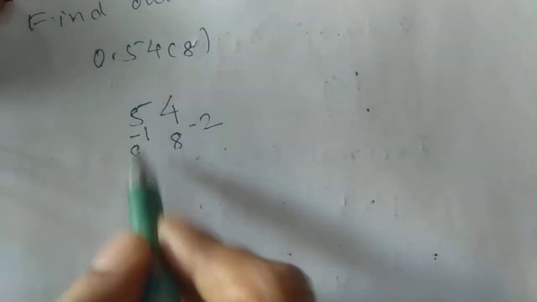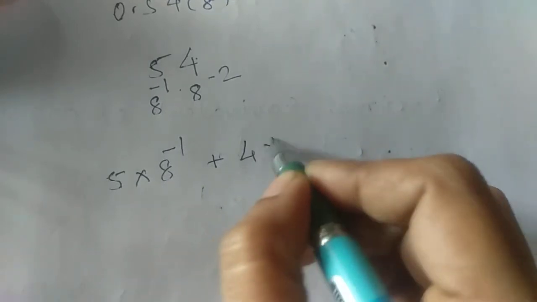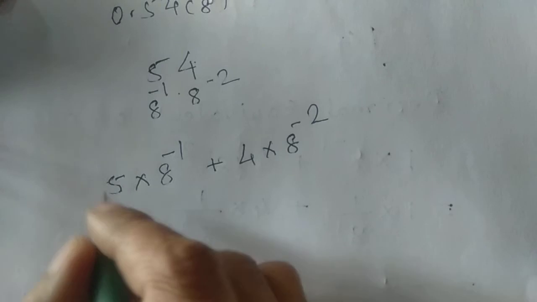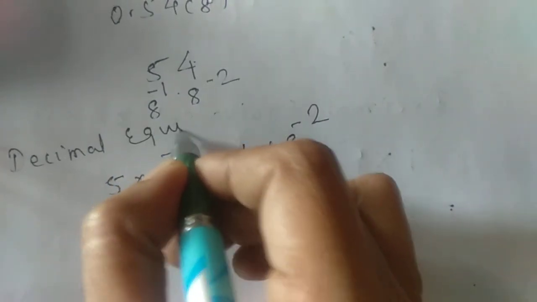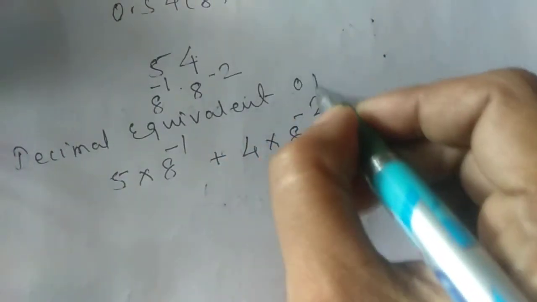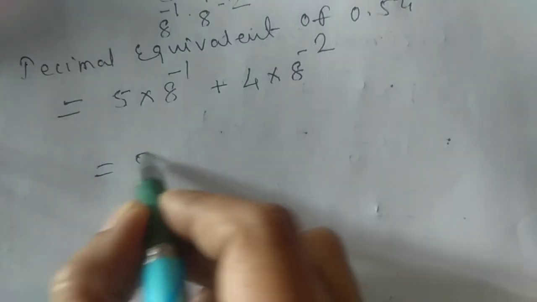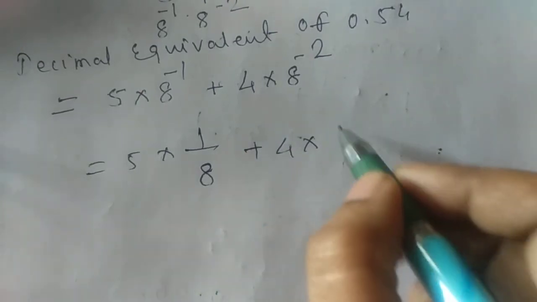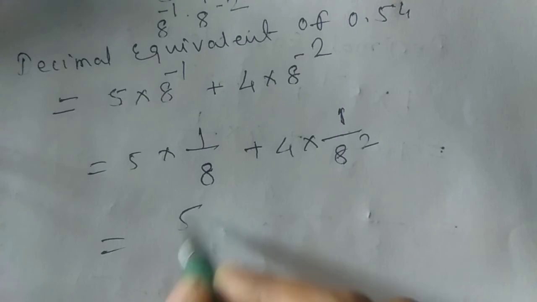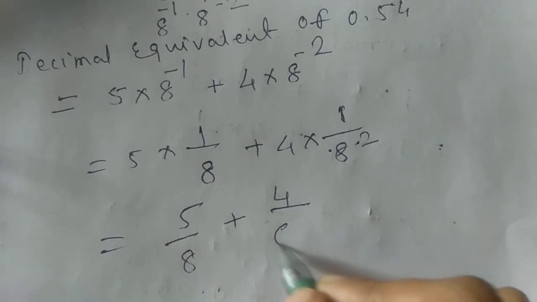Now I will multiply these two and add. The decimal equivalent of 0.54 is equal to 5 into 8 raised to minus 1 plus 4 into 8 raised to minus 2, which means 5 into 1 upon 8 plus 4 into 1 upon 8 raised to 2, is equal to 5 upon 8 plus 4 upon 8 square. 8 square means 64.